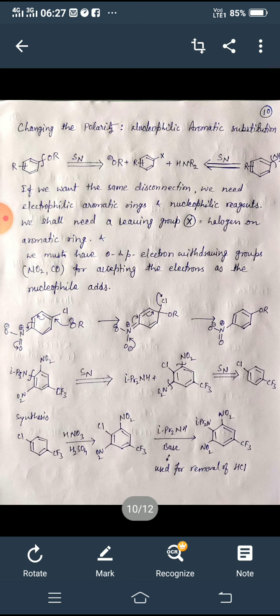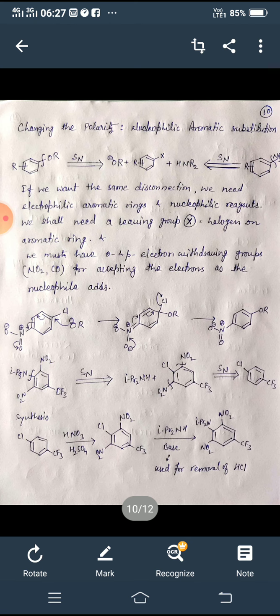Okay, see, as we know, for the aromatic rings, electrophilic substitution is the characteristic property of the aromatic rings, but sometimes we cannot synthesize the target molecule by electrophilic substitution reaction, so we can change the polarity of the aromatic ring and we follow the nucleophilic aromatic substitution reactions.